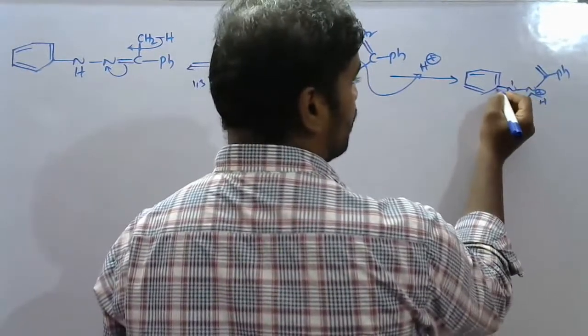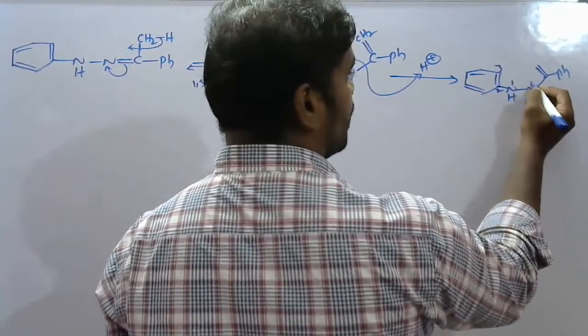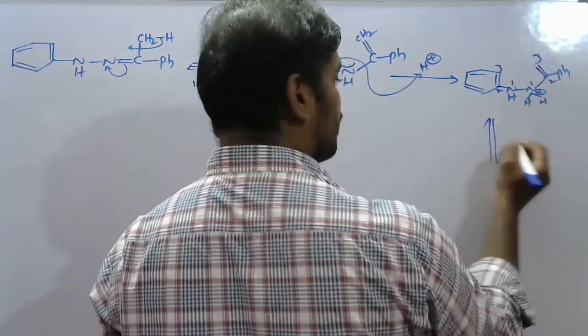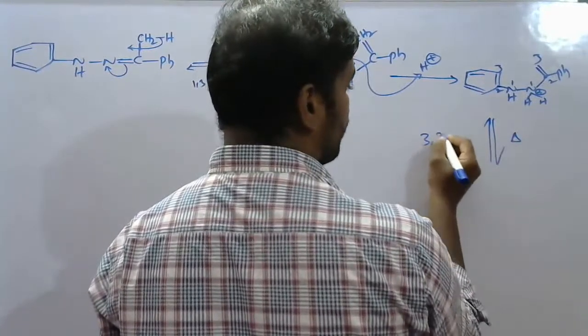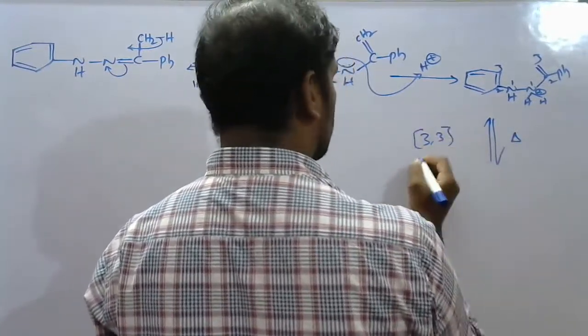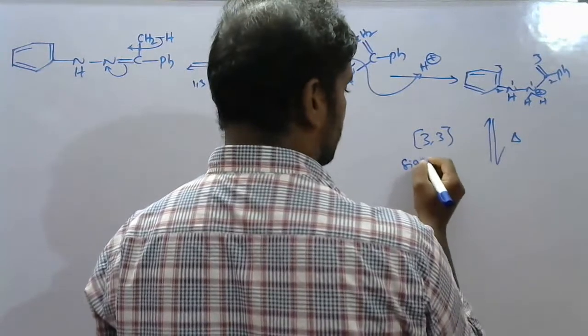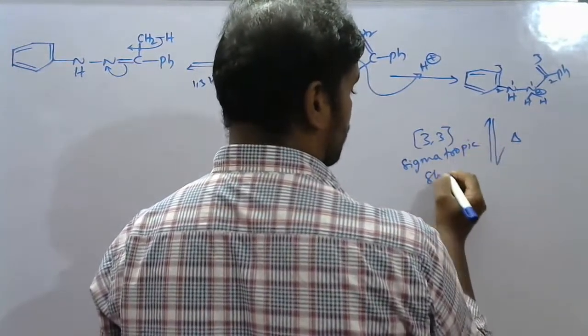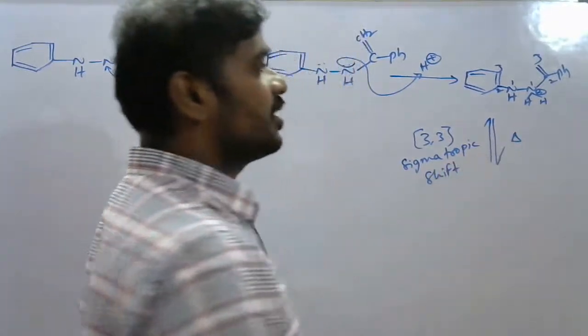Here 1, 2, 3, and 1, 2, 3. Upon heating, a 3,3 sigmatropic shift occurs.